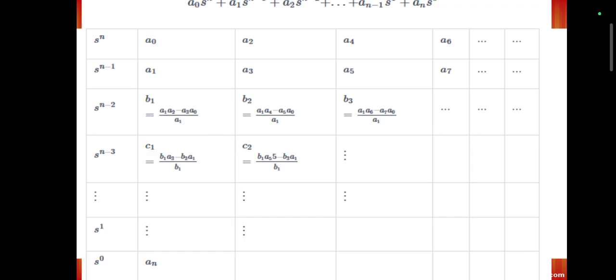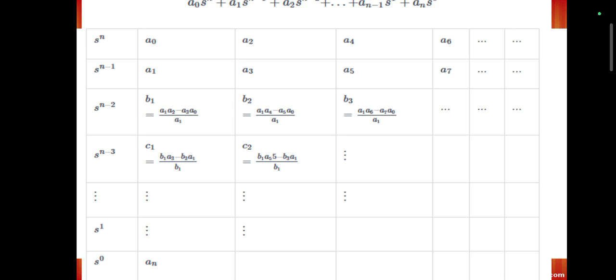In this RH criteria, we write down the RH array with the coefficients of the polynomial, with the powers of the polynomial s^n, s^(n-1), s^(n-2), s^(n-3), etc. up to s^0. Here a0, a2, a4, a6 are the even coefficients, and a1, a3, a5, a7 are the odd coefficients. b1 is calculated as (a1 a2 minus a0 a3) divided by a1.